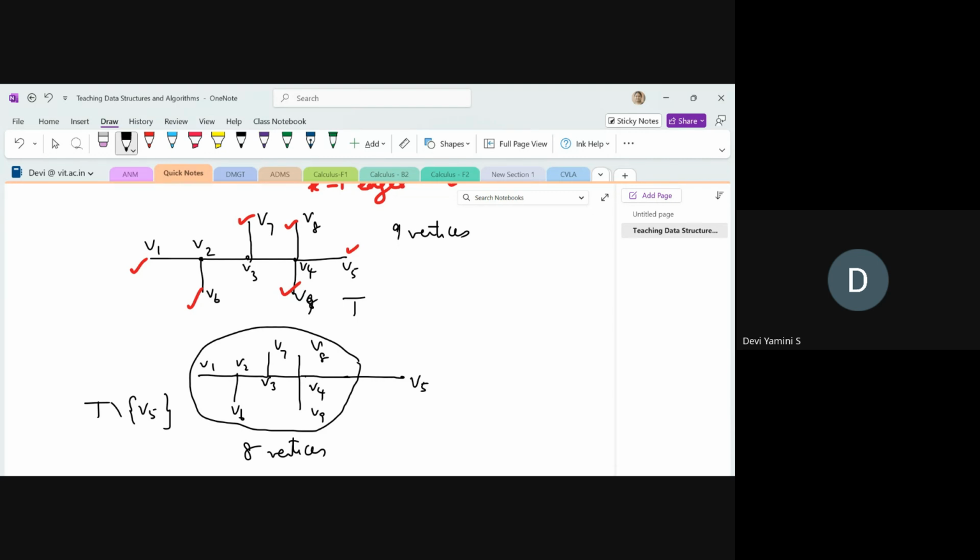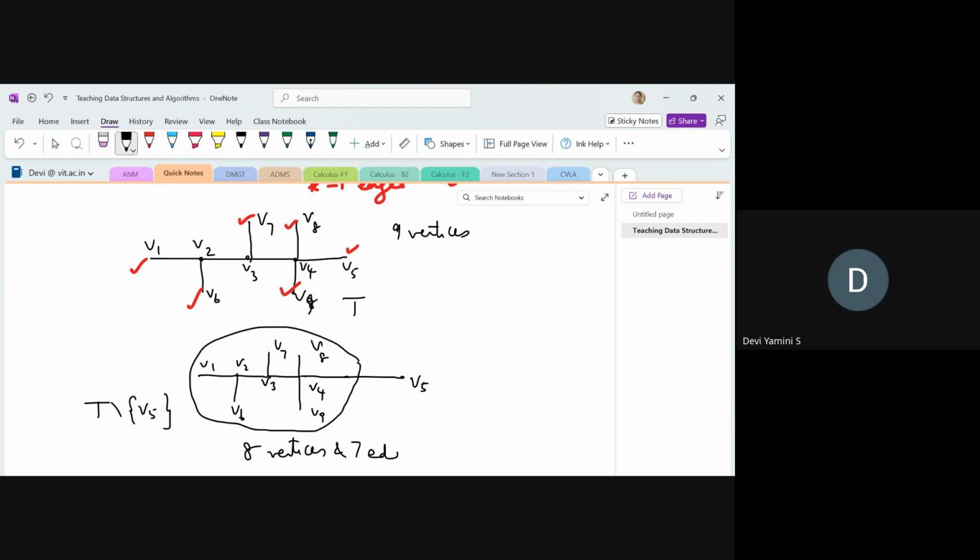Am I clear? The induction hypothesis is true for any number of nodes one less than the original graph. So the induction hypothesis is true. Since it has 8 vertices, it should have 7 edges.